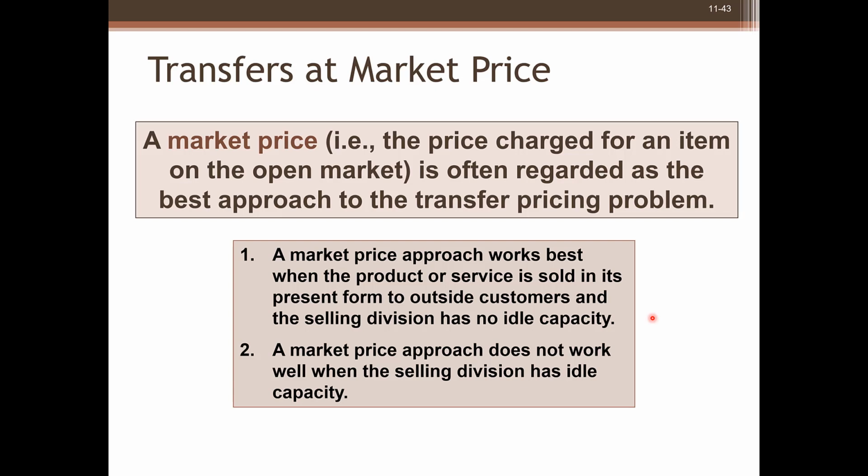With no idle capacity, the real cost of a transfer from the company's perspective is the opportunity cost of the lost revenue on the outside sale. But a market price approach does not work well when the selling division has idle capacity. In this case, market-based transfer prices are likely to be higher than the variable cost per unit of the selling division.